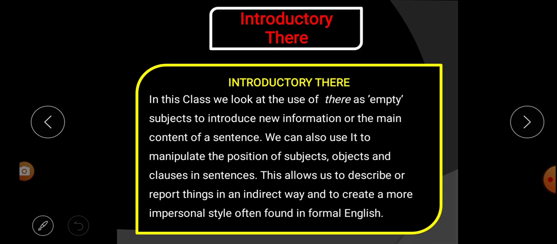Describe or report in an indirect way, not directly, rather indirectly, and to create a more impersonal style. That means using there will help us to report in an indirect way. At the same time, it will help us to create a more impersonal style, which we can find in formal English.